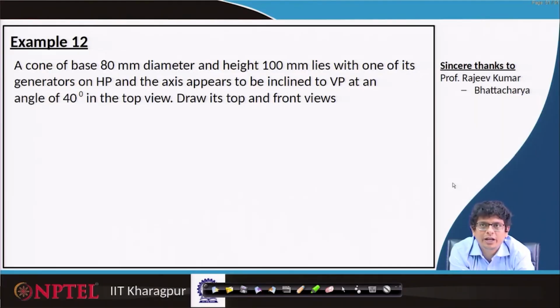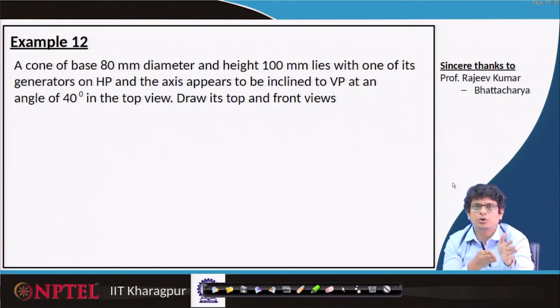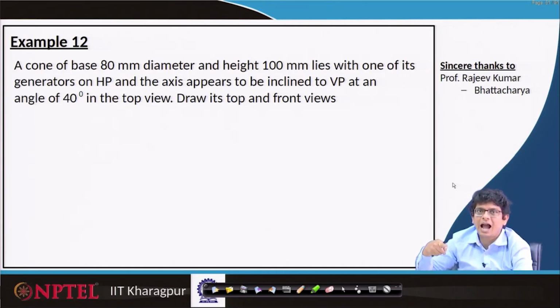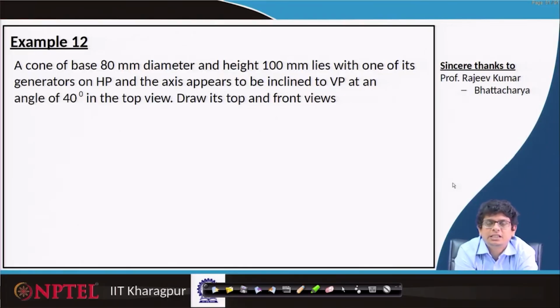So, when we are looking at that, let us pick a cone, maybe first fix it in such a way that the entire circle in the front view we can see, turn it in that direction. So, the generator will be resting on the horizontal plane, then rotate that cone in such a way that the axis line makes an inclination angle with the vertical plane.